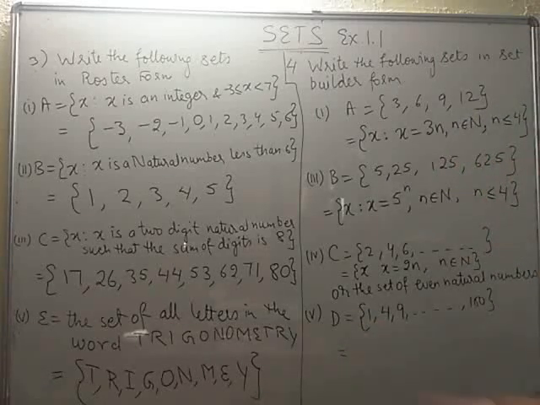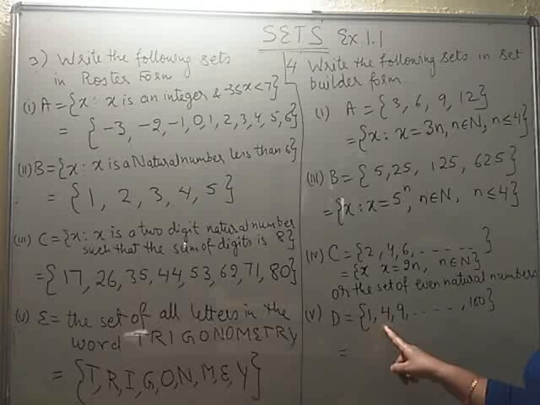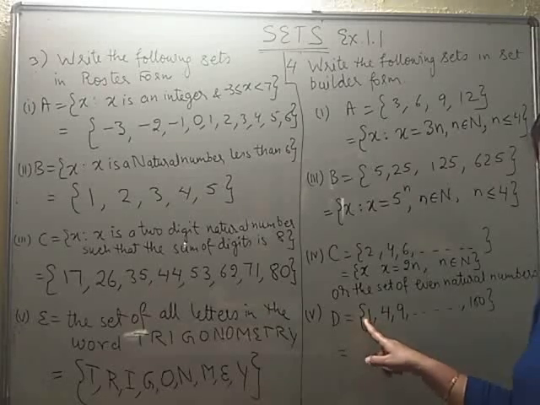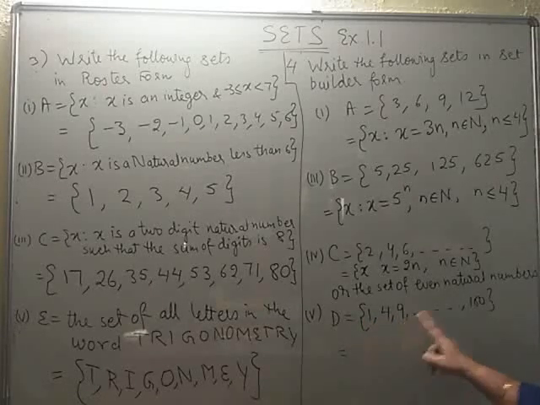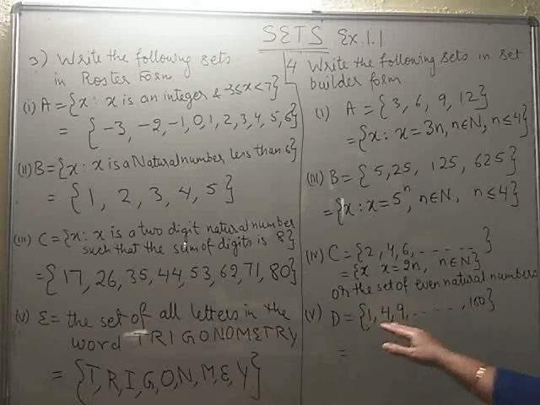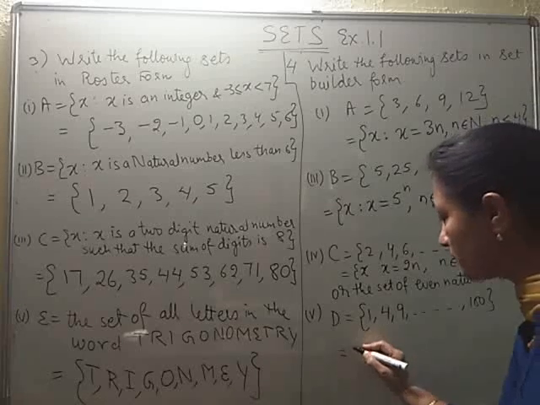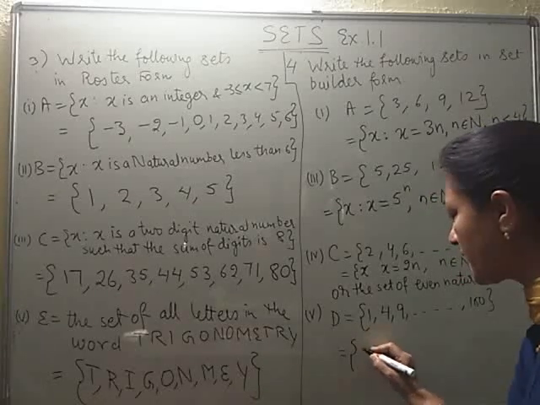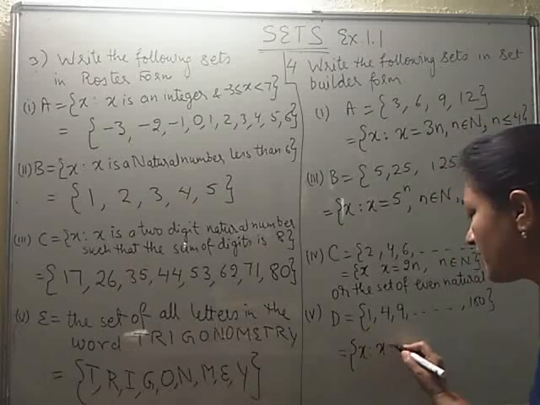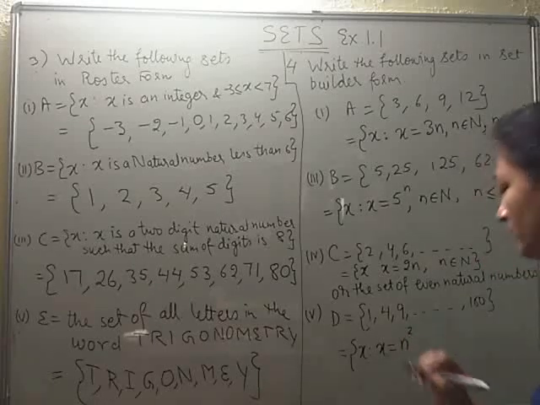D. What do you find common among these? These are perfect squares. Square of 1, square of 2, square of 3, square of 10. So there are 10 elements if you see, all perfect squares of natural numbers. So we can write it as X such that X is square of N.